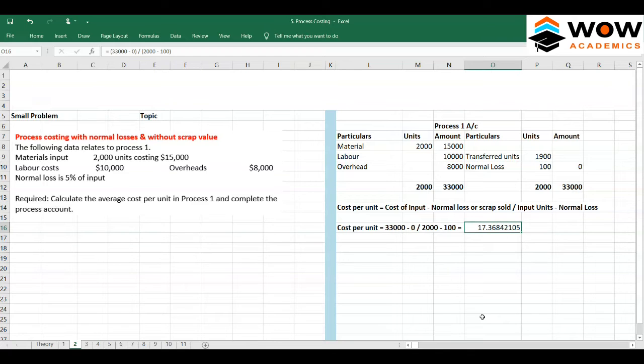So if we multiply 17.36 into 1900 units, you should get 33,000 of amount. So let's see. Yes, we get 32,000 like that. Roughly we get. So if you want, we can just put 33,000 directly there.